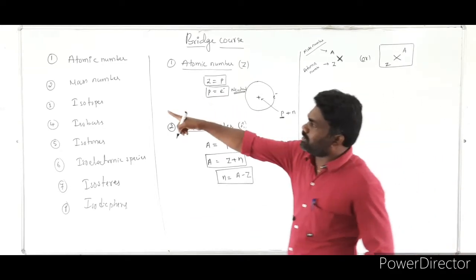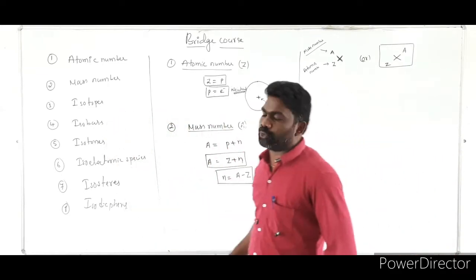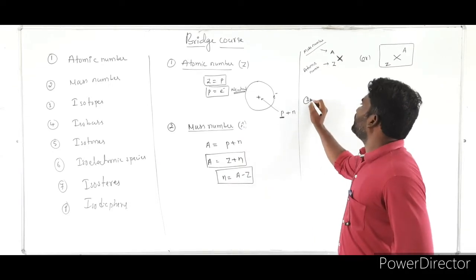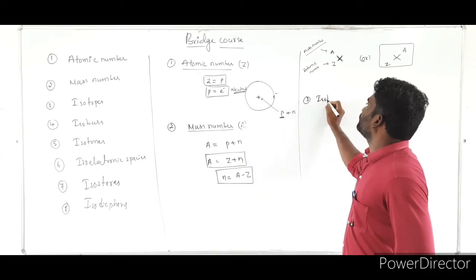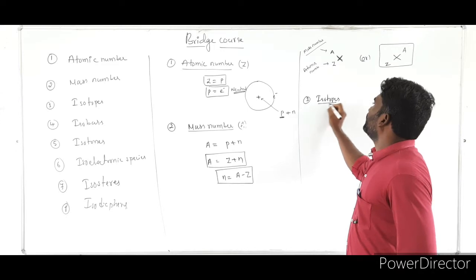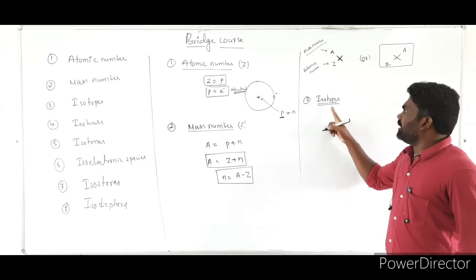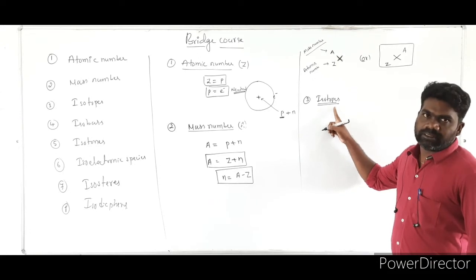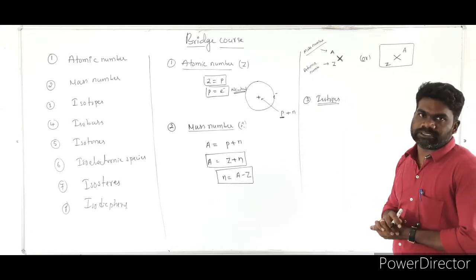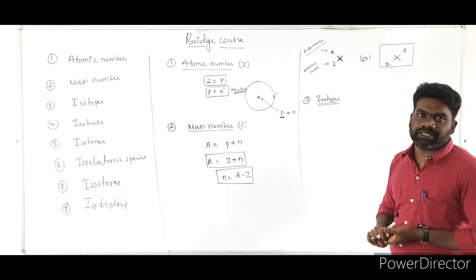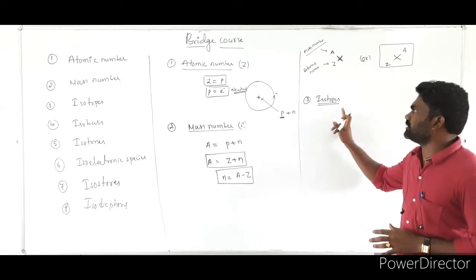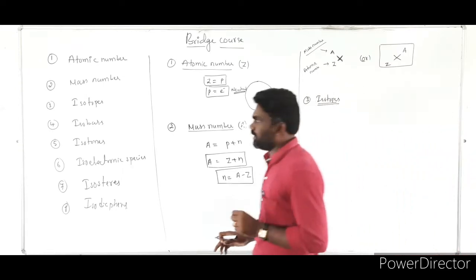Then the third important term is isotopes. Isotopes are defined as atoms having the same atomic number and different mass number. So one important point I will discuss.